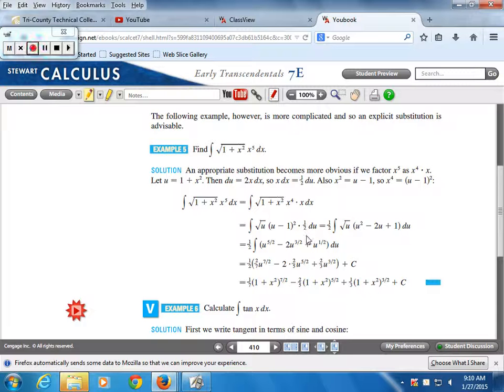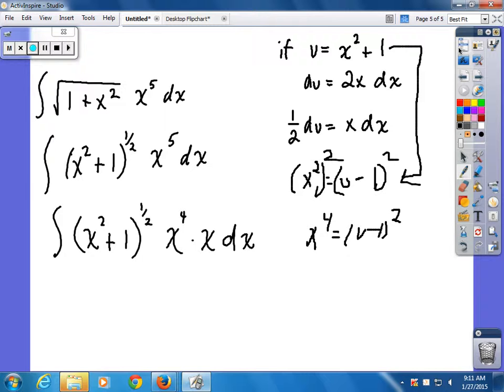So now you can put that in there as u minus 1 quantity squared. And I'm thinking out loud to myself because you also could take this right here.